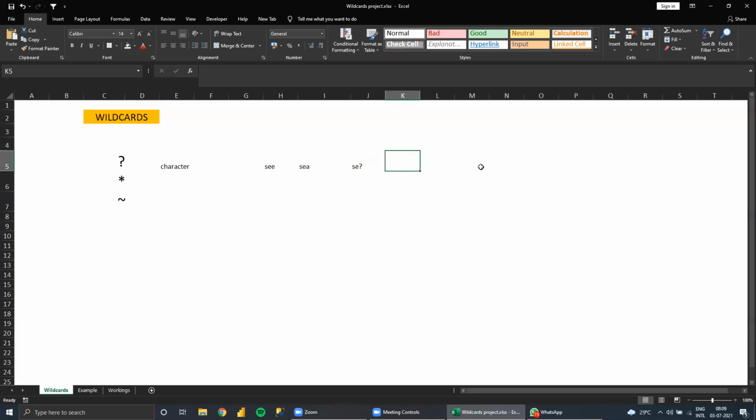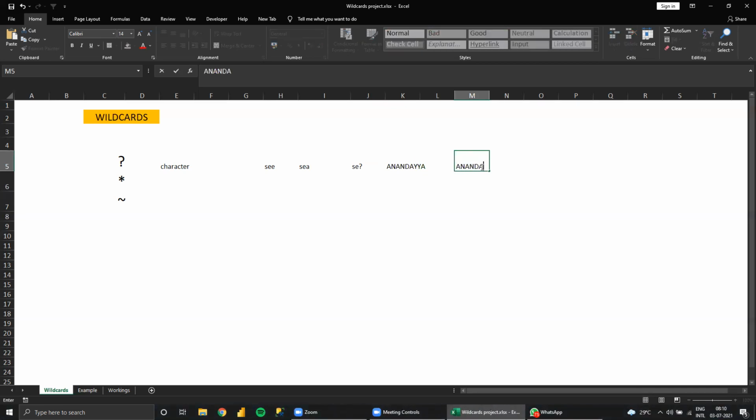For example, my name is like this. My name can be written as YVA or IAH, but my name is correct up to here. Anybody can write the same way up to there, but the other two, three characters are always wrong.